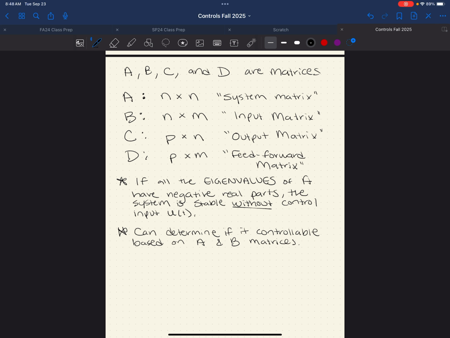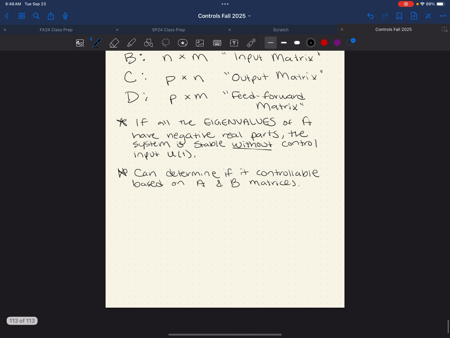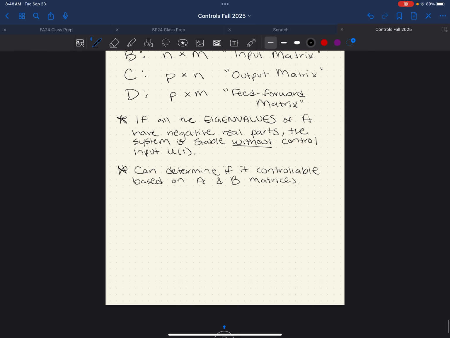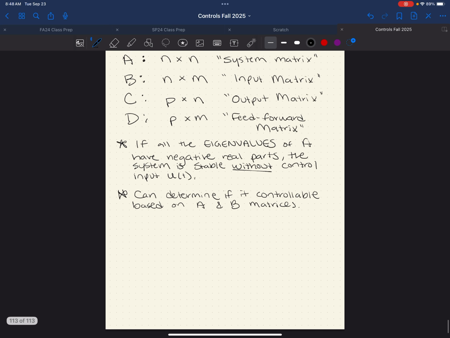All right, and that's probably more foreshadowing than we will get into in this class. Controllability and reachability are probably things that we're not going to have time to cover, but you might see in, for instance, a linear systems course.